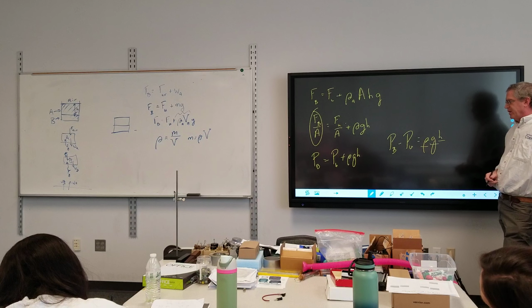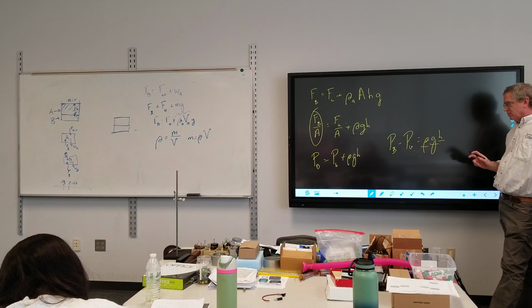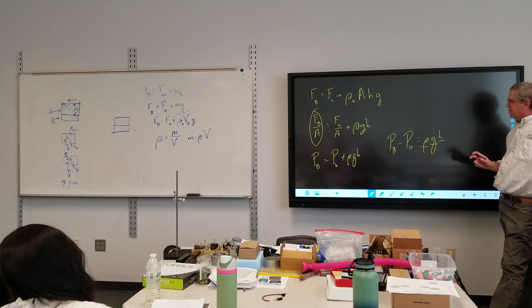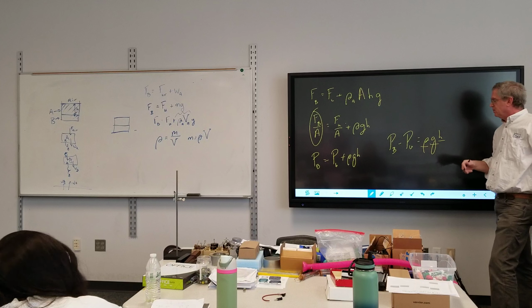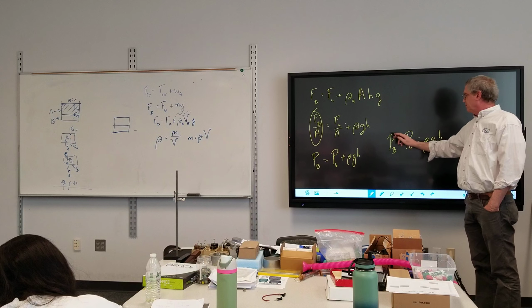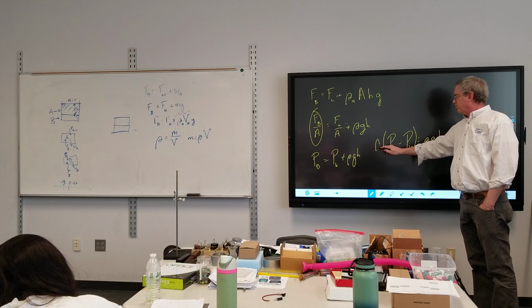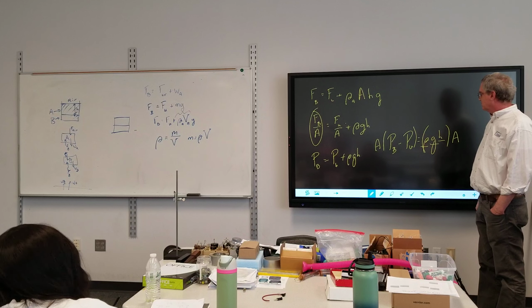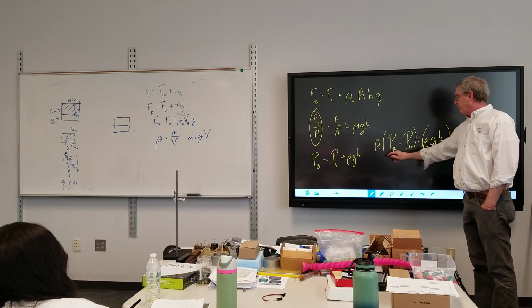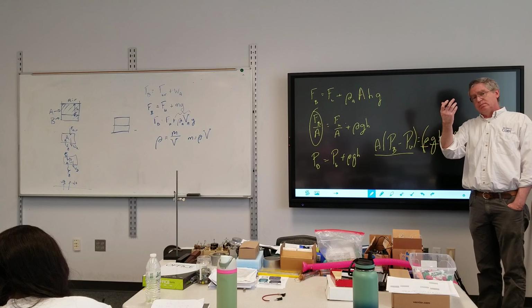If I multiply everything by that cross-sectional area, sort of going backwards, which I can just write out, I end up with a net force that is upwards.